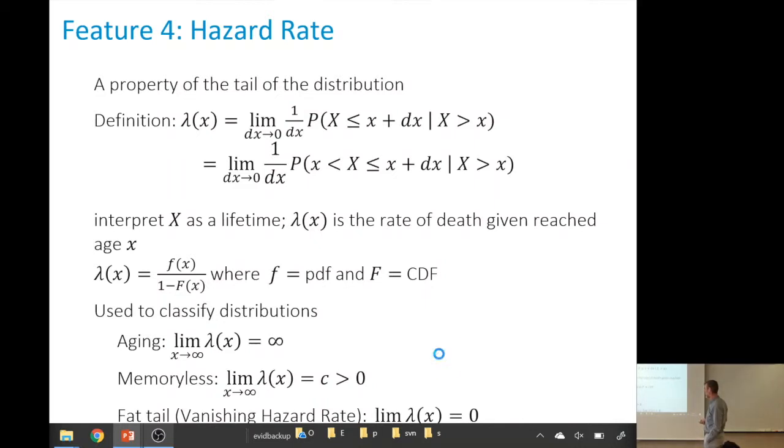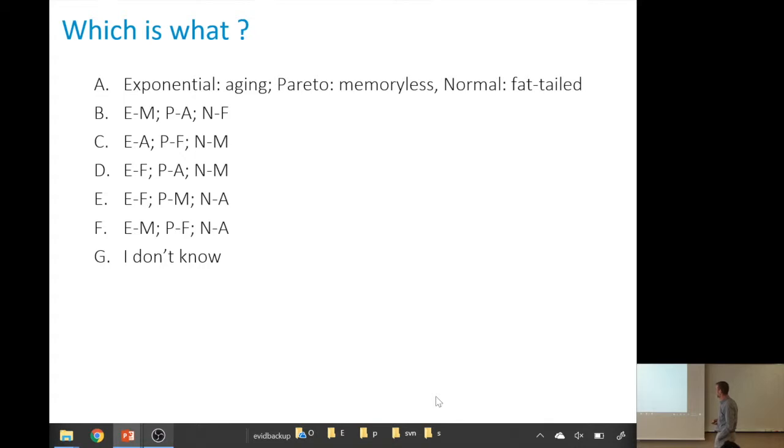Of course, for living organisms, this is quite unexpected, but for distributions, this exists, and we will see some examples here. For example, I'm proposing here 3 distributions: exponential, Pareto, and normal. Which one is true? Is it true that exponential is an aging distribution, that Pareto is memoryless, and normal is fat tail, given that there is one of each? Out of these 3 distributions, there is one in each category.